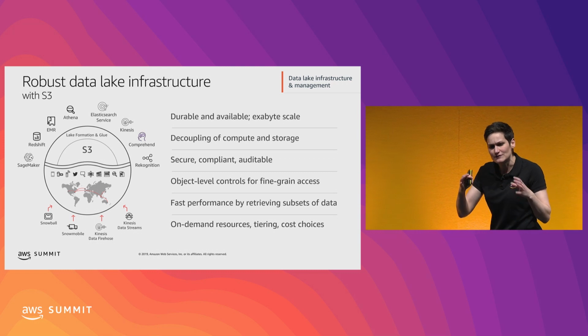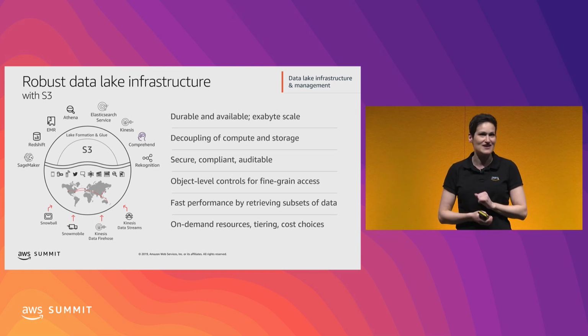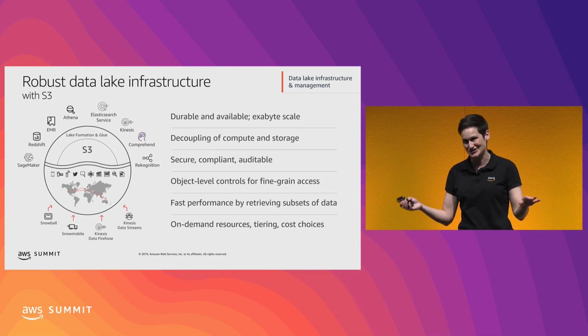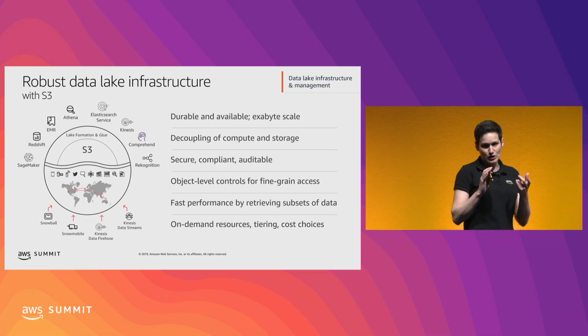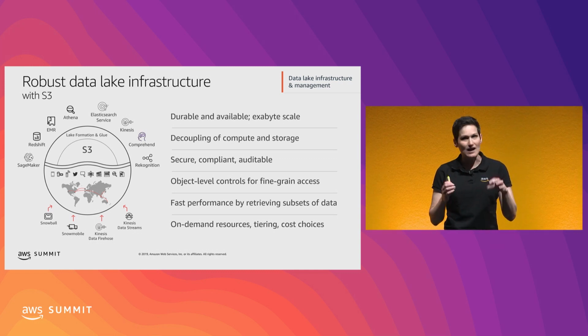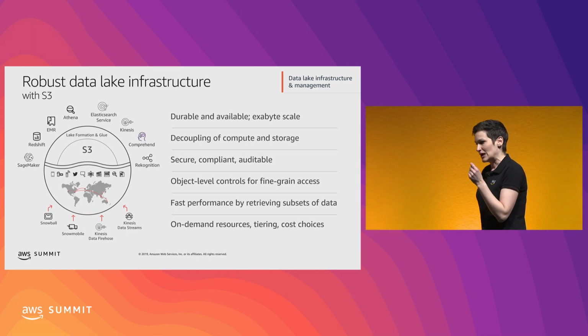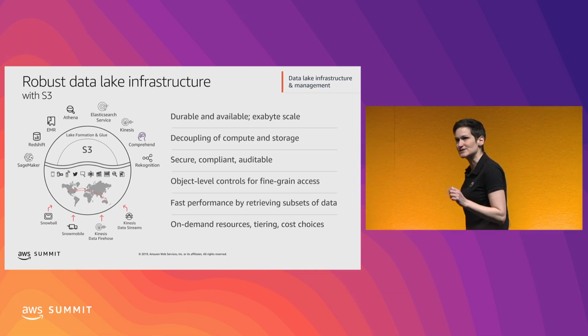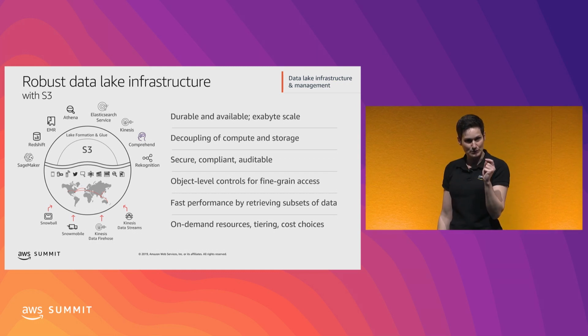S3 is that single centralized repository where you can store data in its native format without any transformation, any schema definitions. Now, for security, it provides different options for encryption, both at rest and in transit, including across regions. You can configure and enforce access controls and security policies, not only at the bucket level, but also at the object level.